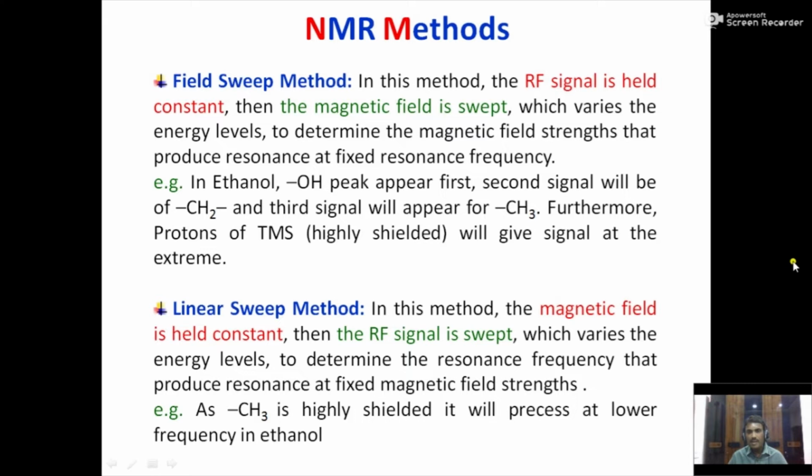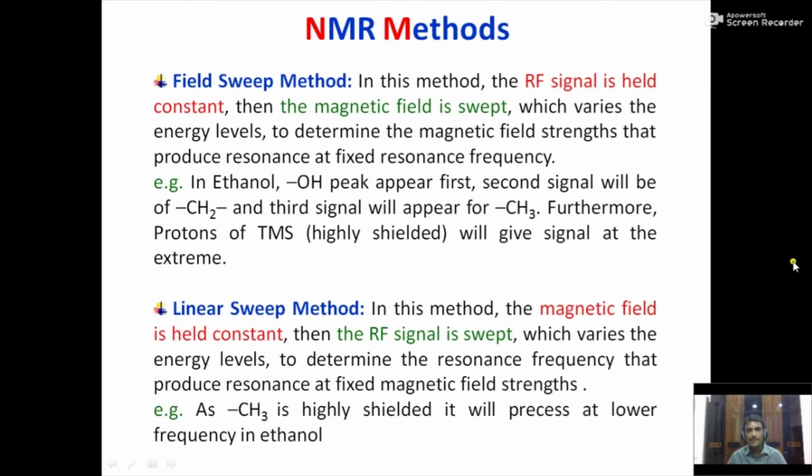The magnetic field due to the electrons of these CH3 protons will oppose the applied magnetic field. So we have to apply a higher magnetic field as compared to OH.